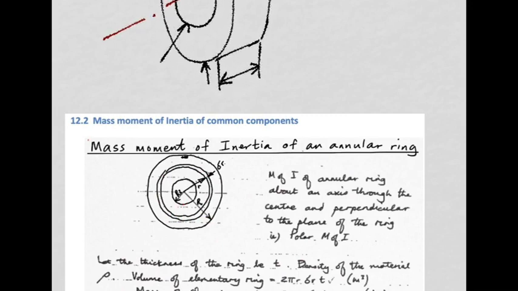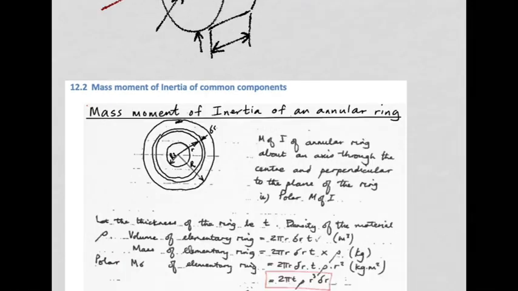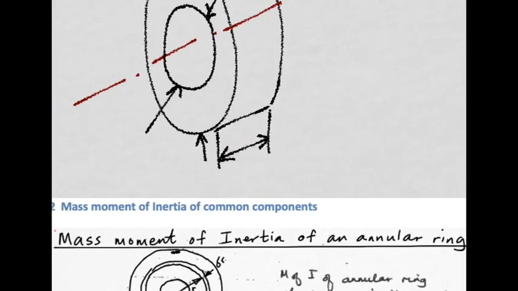And each one will have a very, very small dimension del r. So there'll be a slice here and a million more all the way in, right the way to the center. So we're going to break up this annular ring into those elementary slices. Each one will have a thickness t. Now that is into the page or out of the page. Remember it was this dimension here.